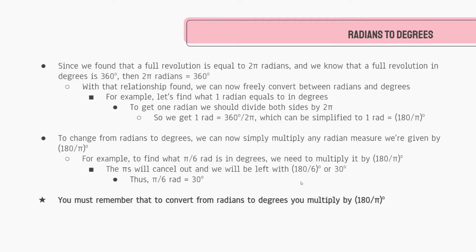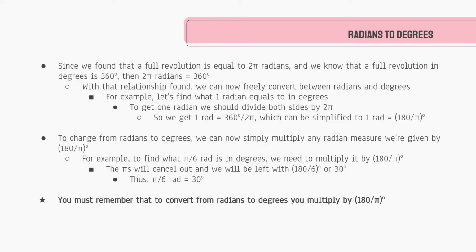So for example, let's find what 1 radian equals. To get 1 radian from 2 pi rad equals 360 degrees, we just divide both sides by 2 pi, right? So 2 pi divided by 2 pi is equal to 1. So 1 radian is equal to 360 divided by 2 pi.